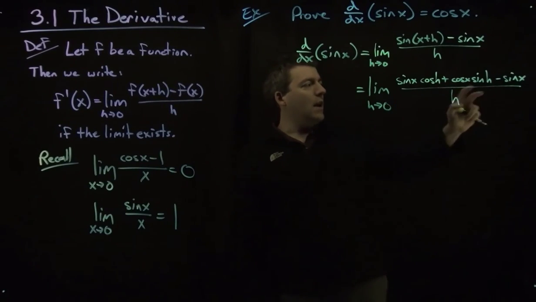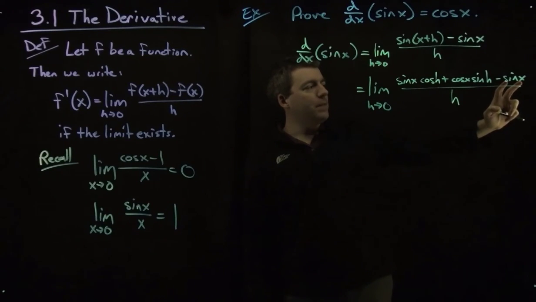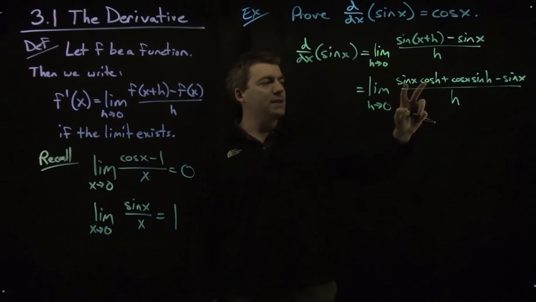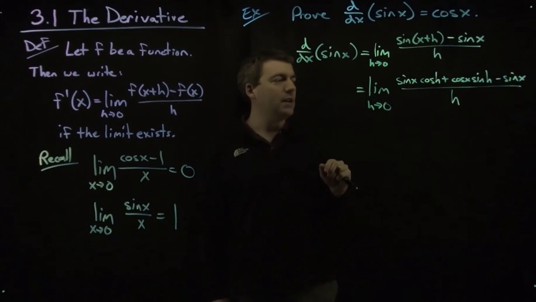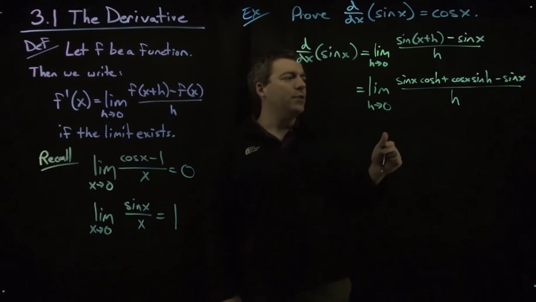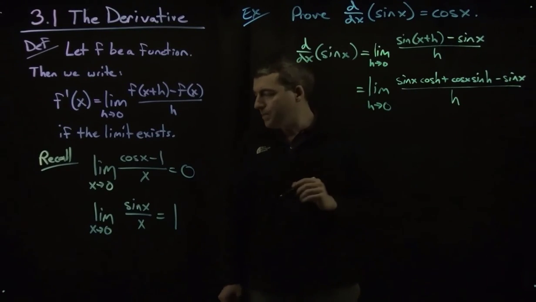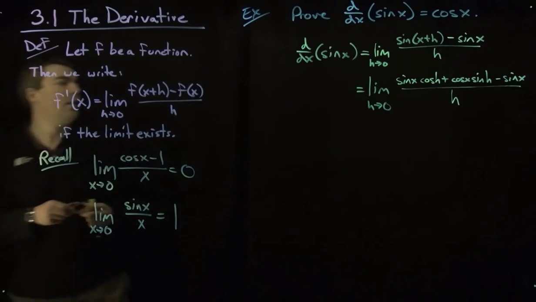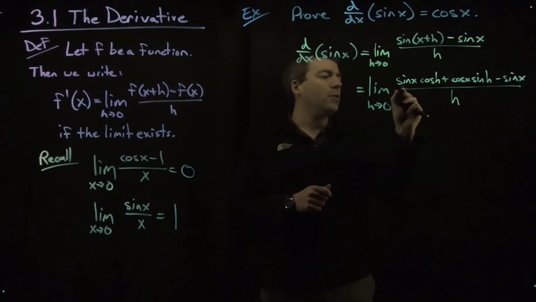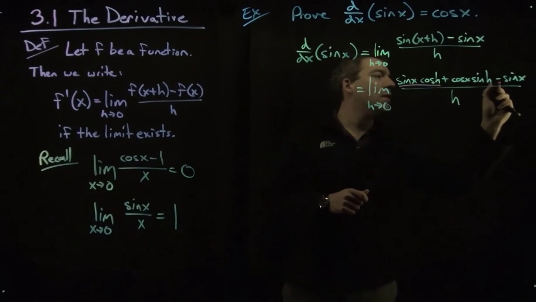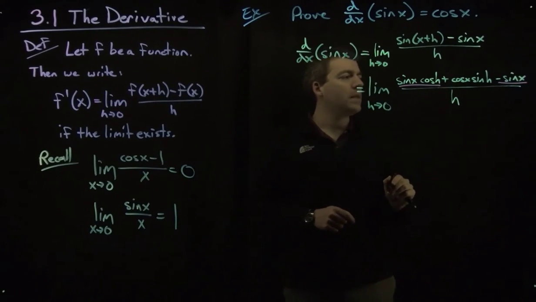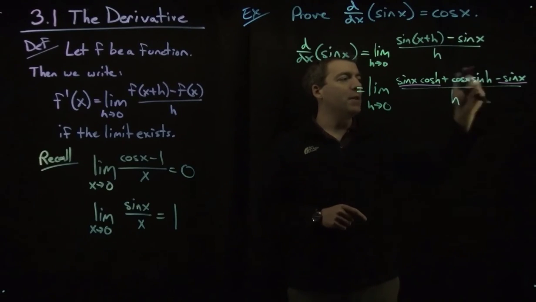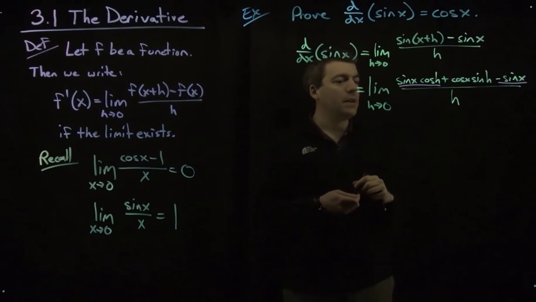Notice that we've got a minus sine of x here, and this first term has a sine of x with a cosine of h. What we're going to do is group these two terms together, and then we'll leave this other part on its own.